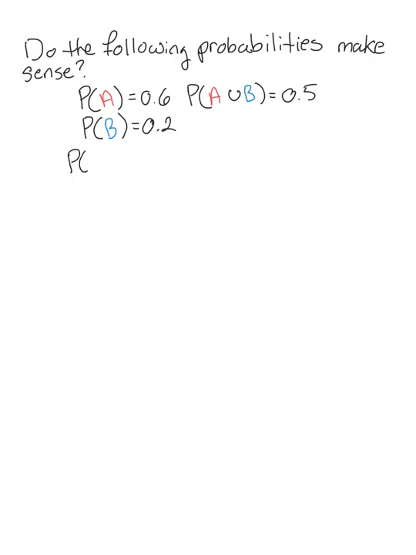So we have probability of A union B is equal to the probability of A plus the probability of B, subtract the probability of A intersection B. Okay, so rearranging this equation, we get the following.